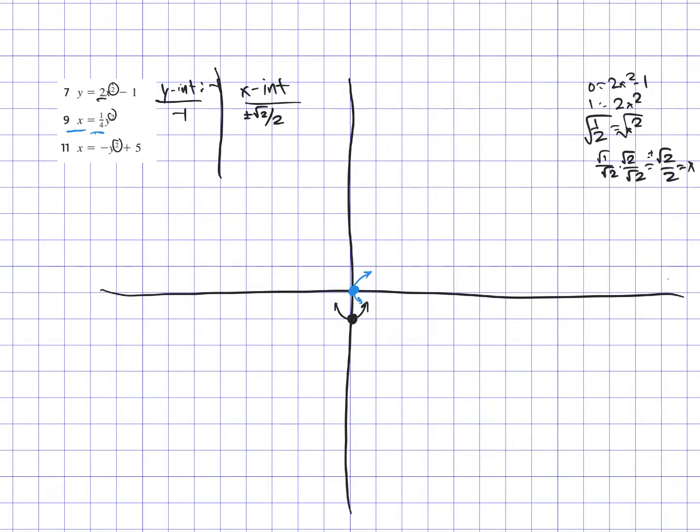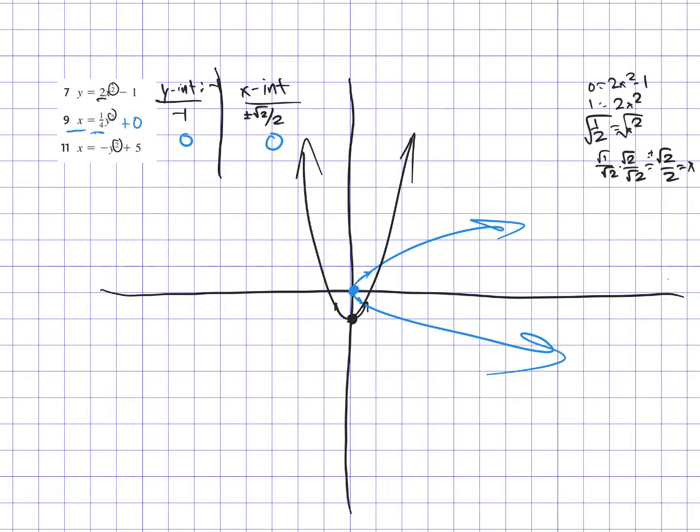So C being 0 meant that is actually your x-intercept. And since it's on the x-axis at the origin, the y-intercept is also 0. So 0 and 0, and it opens to the right. So again, you could plot some more points if you wanted to. So I really think the square root of 2 over 2 is 0.71, I think.